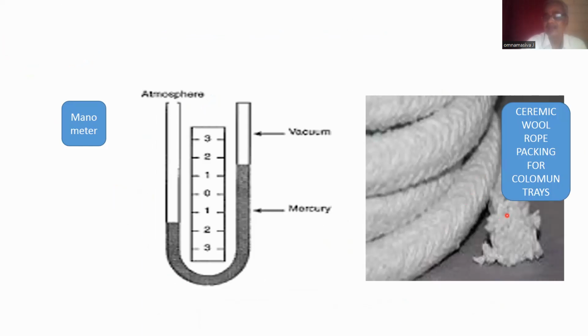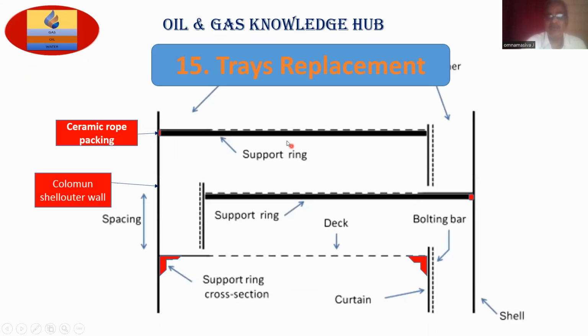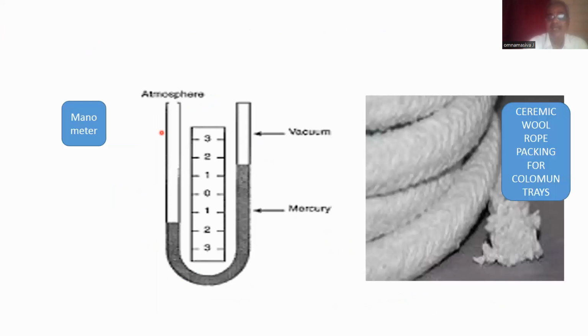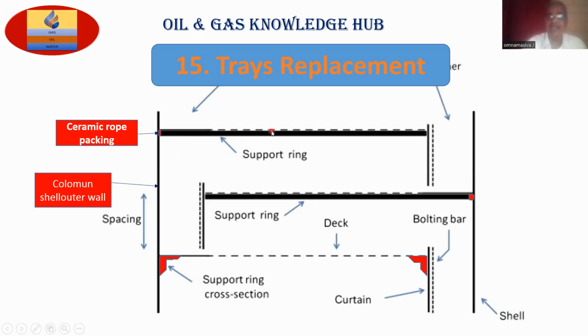So once you remove the trays after cleaning, or with replacement of new trays, you will ensure that all trays are installed as per the standard operating procedures and fixed properly, and a rope is inserted around the inside of the shell. A manometer will be used to see the level of the trays.